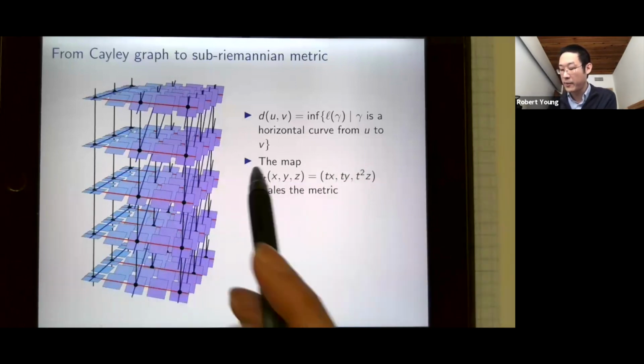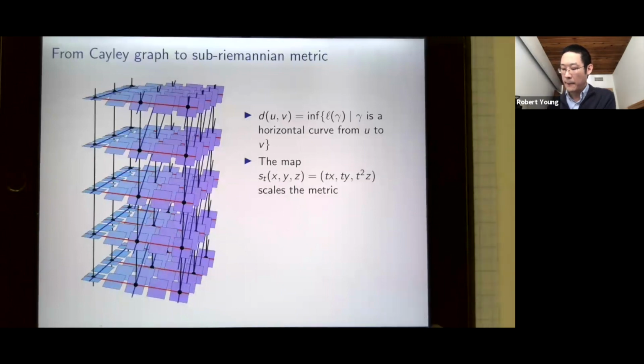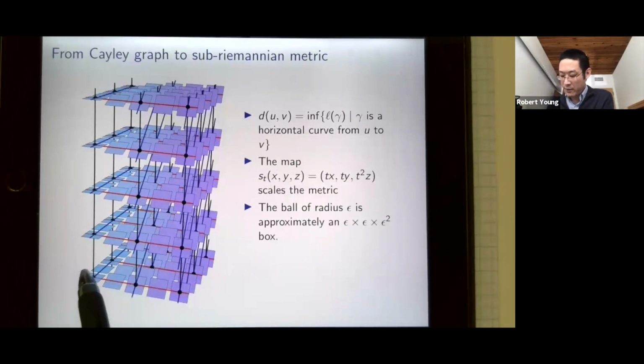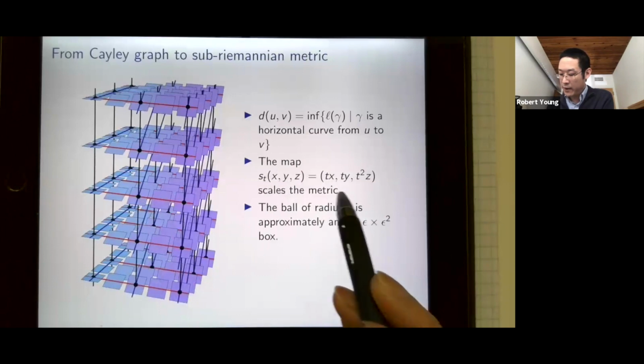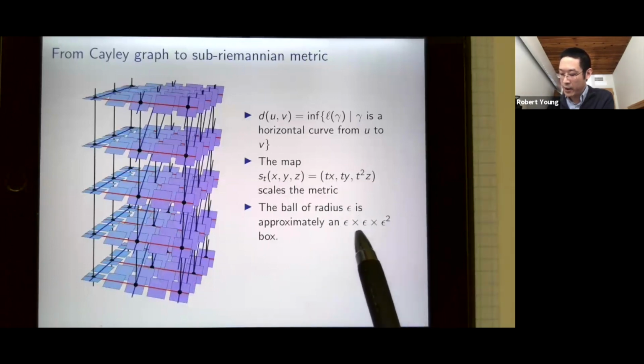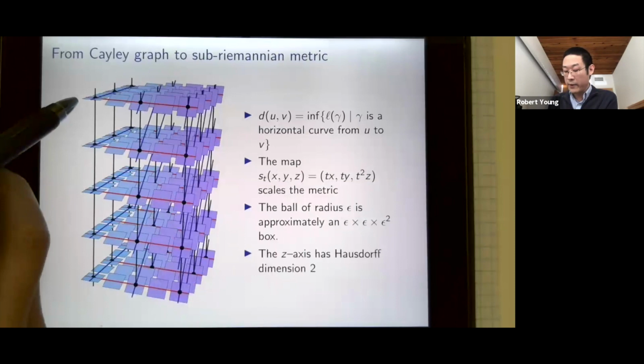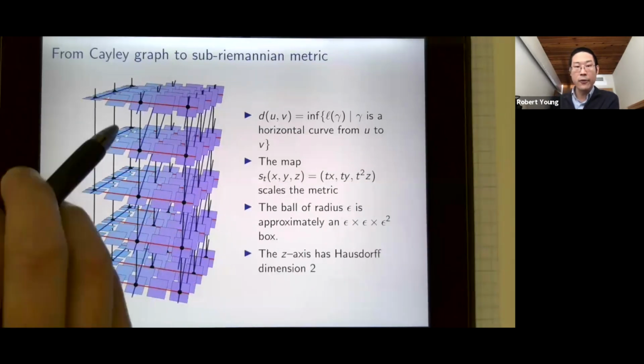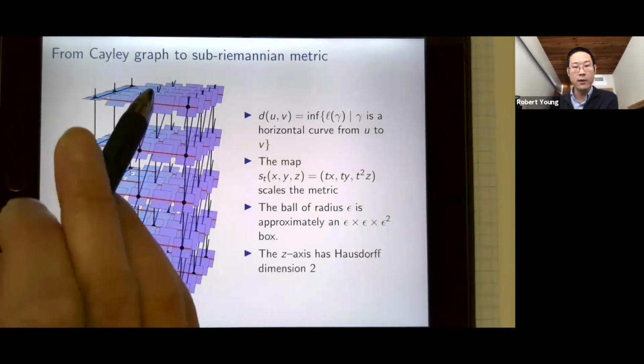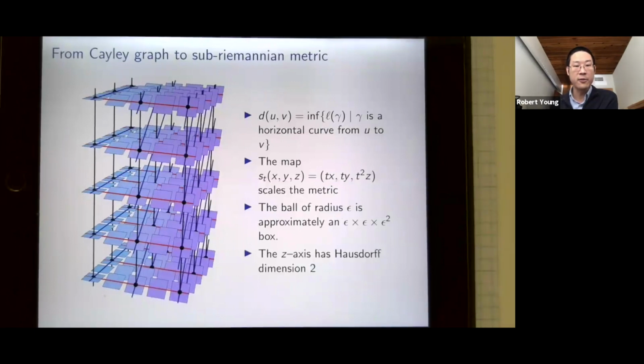It multiplies length by a factor of t. Because of that, the ball of radius epsilon is approximately an epsilon by epsilon by epsilon squared box, because it's the epsilon scaling of the ball of radius 1. And if you scale the ball of radius 1 by a factor of epsilon, epsilon, epsilon squared, you get something that's roughly epsilon by epsilon by epsilon squared. Consequently, all of these vertical curves, all these black lines in this figure, all of these have Hausdorff dimension 2.